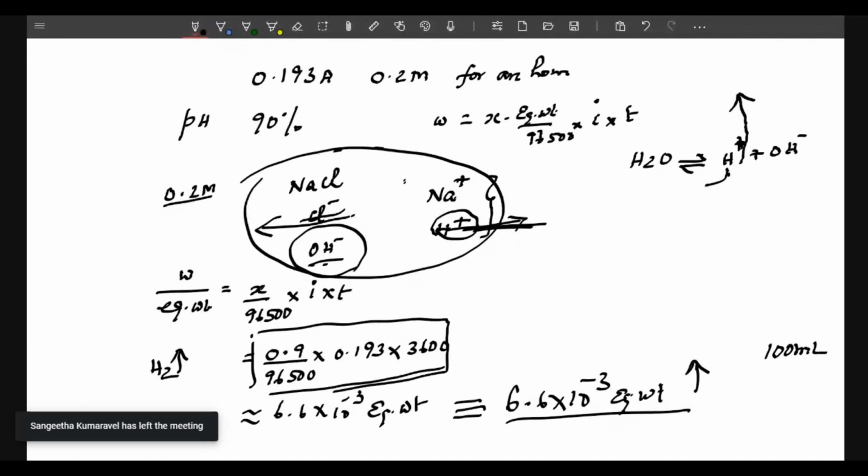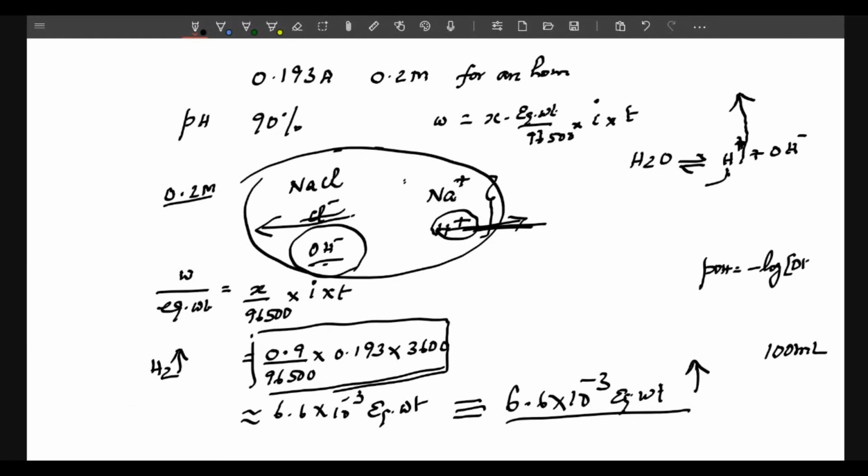Therefore, for the pH determination, you know pOH is equal to minus log of OH minus ion concentration, that is the normality of OH minus, or equivalency. The normality means so many equivalent weights in 1 liter.